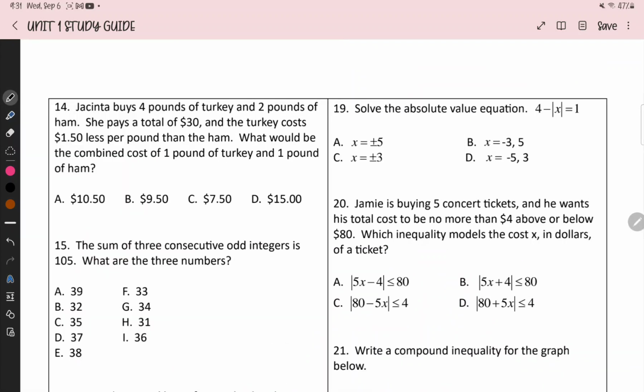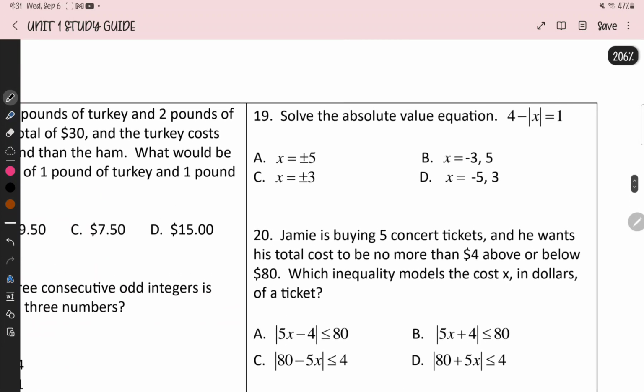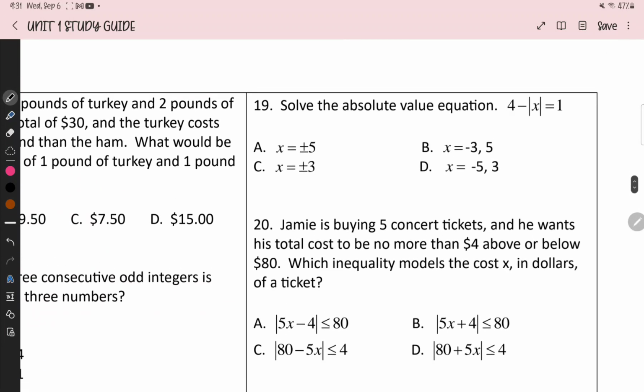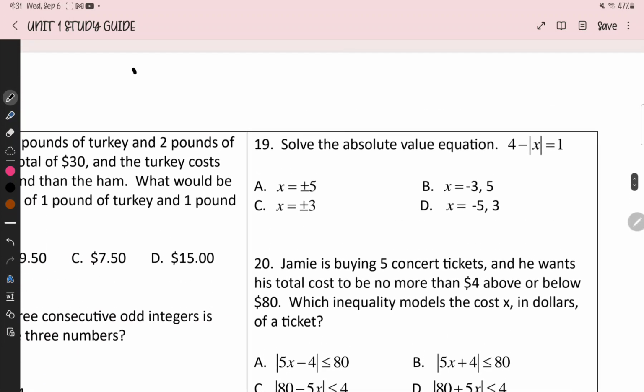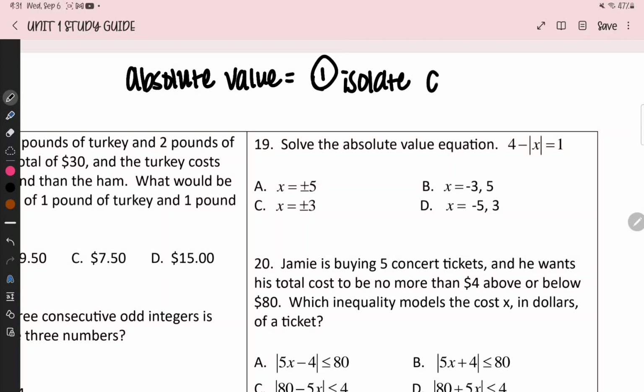All right, so number 19 says solve the absolute value equation. With absolute value, what you have to do is first you need to isolate the absolute value bars.